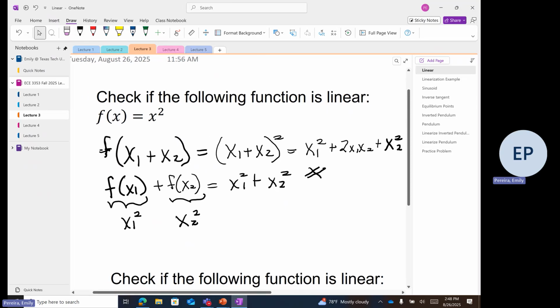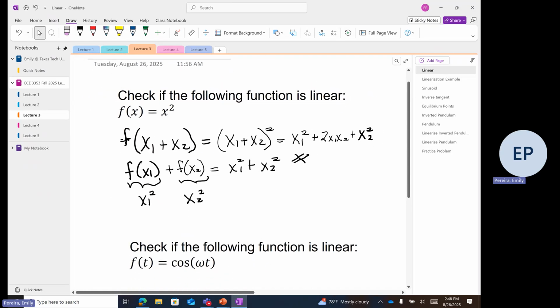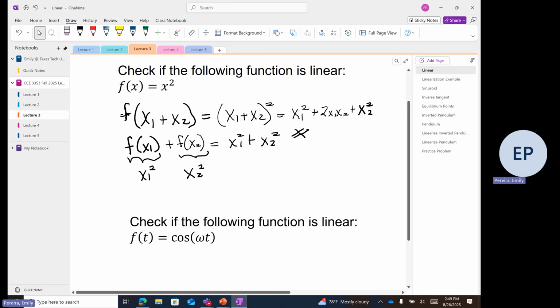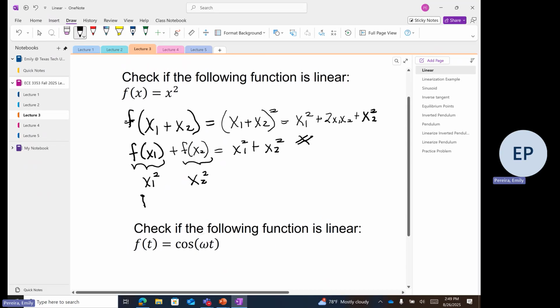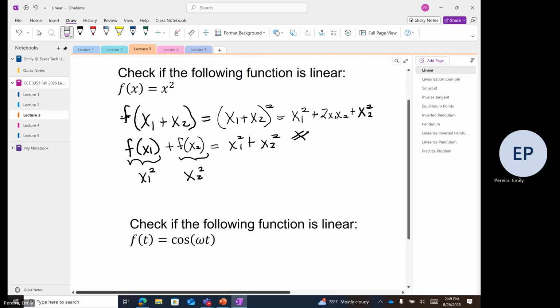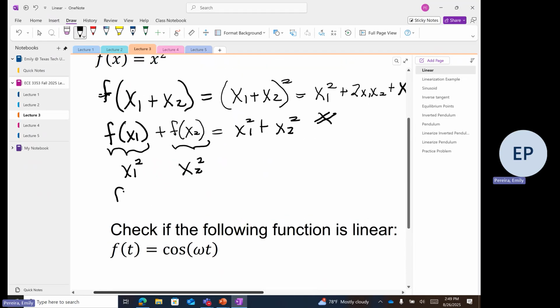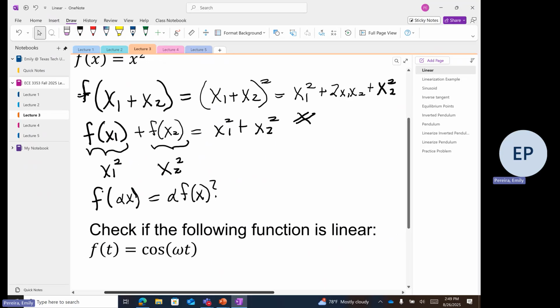Okay, so right off the bat, it does not satisfy additivity, and I can bet that it's not going to satisfy homogeneity either, but let's just check. So if we apply the function and we scale the input, does this equal the scaled version of the function? That is the question. So let's scale the input and apply the function.